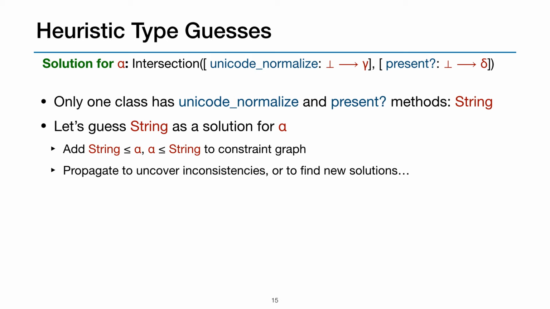So let's guess the nominal type string as a solution for alpha. We'll do this by adding string as both a lower bound and an upper bound on alpha to our constraint graph, then propagating those new constraints to uncover any inconsistencies indicating our guess was wrong, or to find new solutions in our graph, as we'll see in a moment.